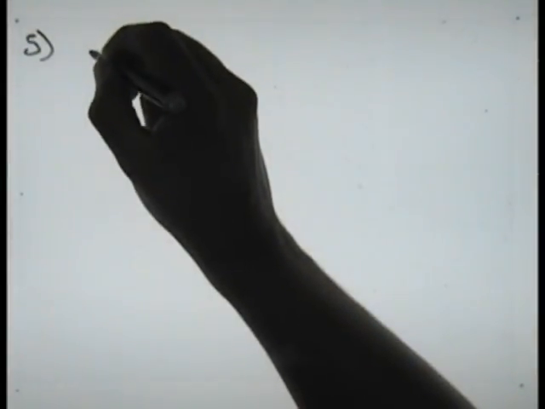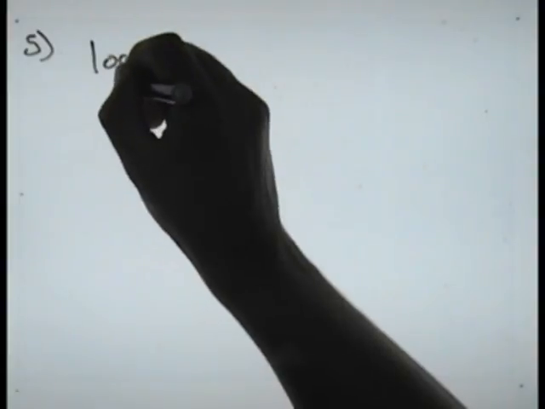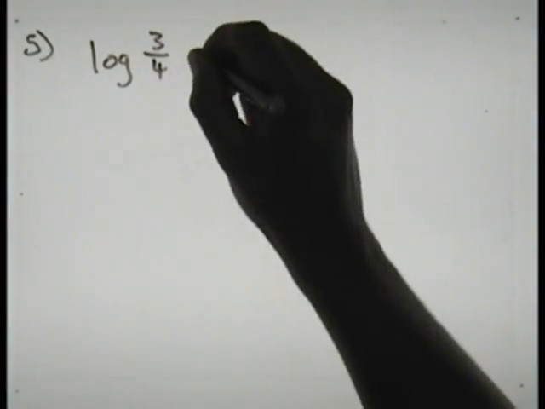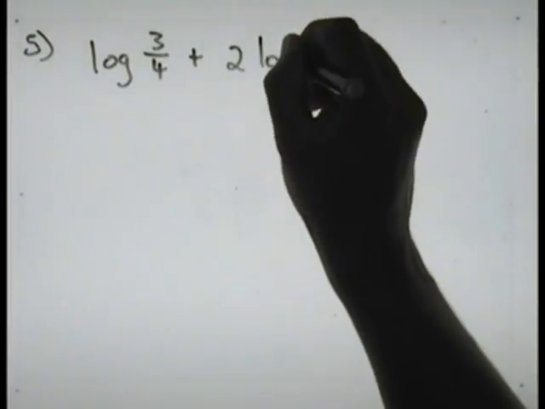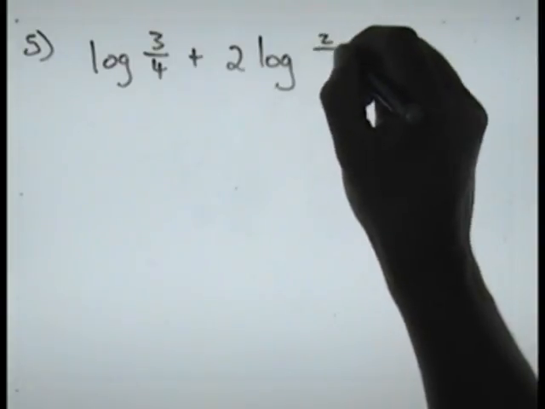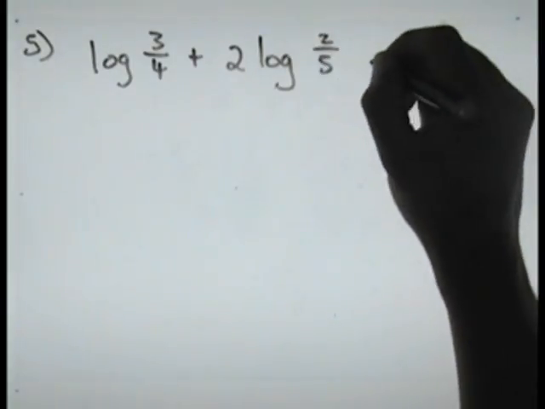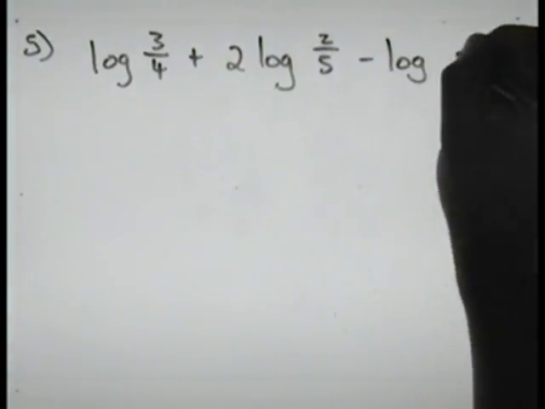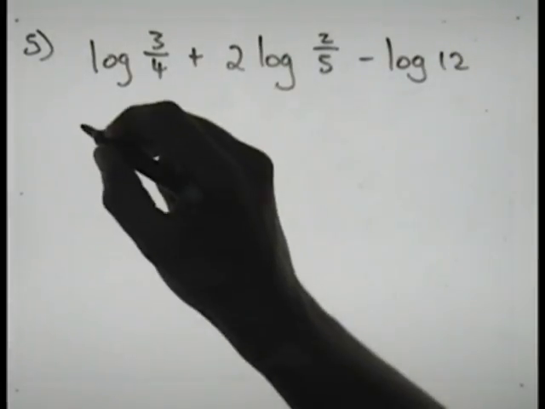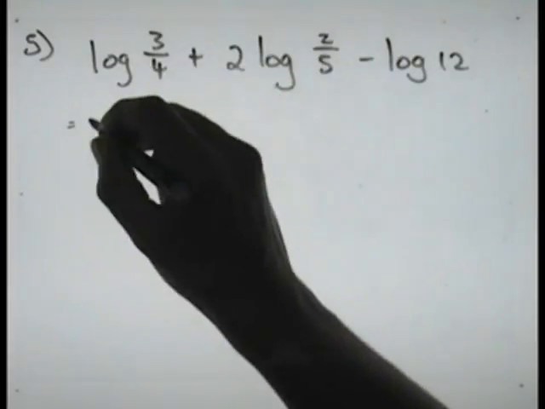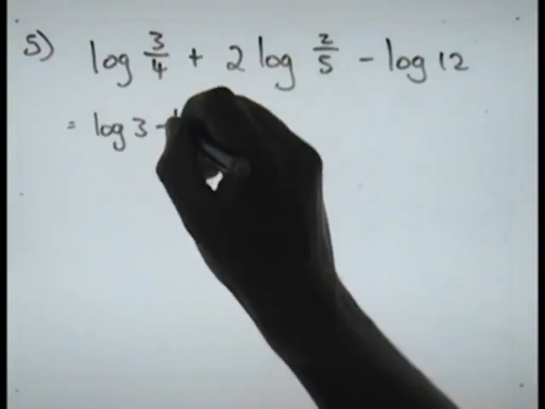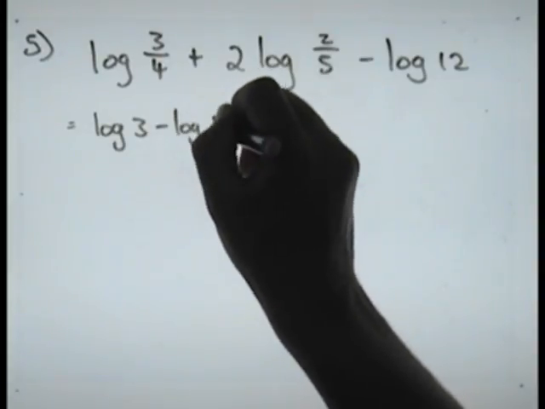Number 5 says log 3 over 4 plus 2 log 2 over 5 minus log 12. What I'm going to do with this one is start by making that log 3 minus log 4.